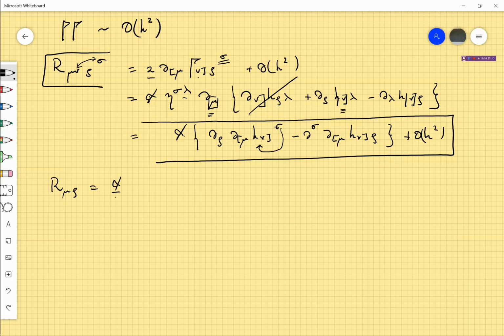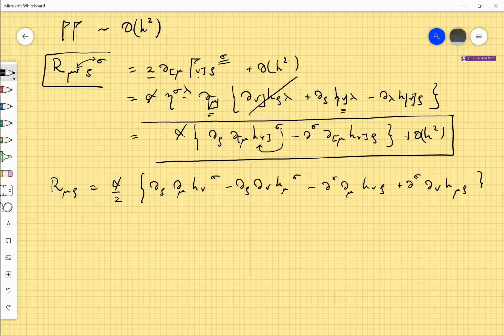So let's first expand, and then we just have partial mu h nu sigma, rho mu h mu sigma minus partial sigma mu h nu rho plus partial sigma partial nu h mu rho.